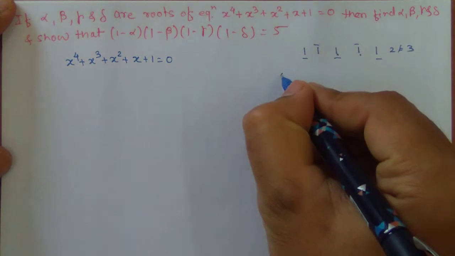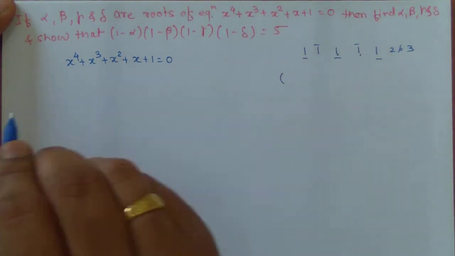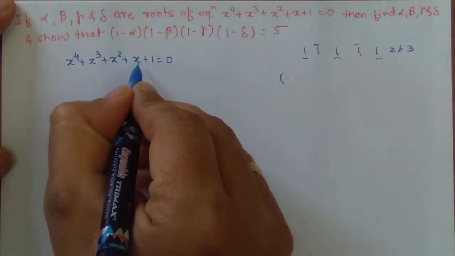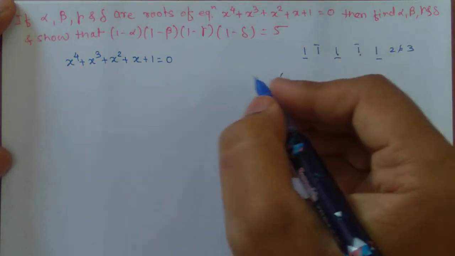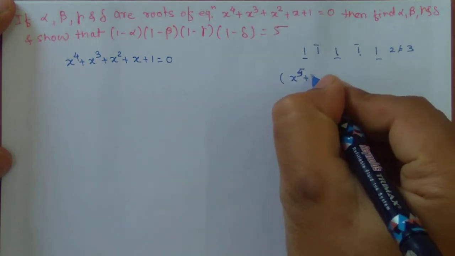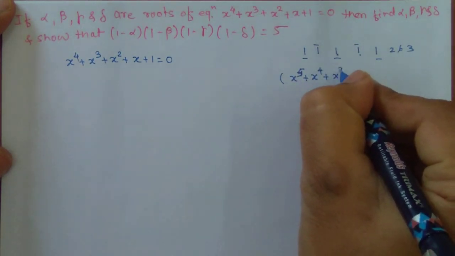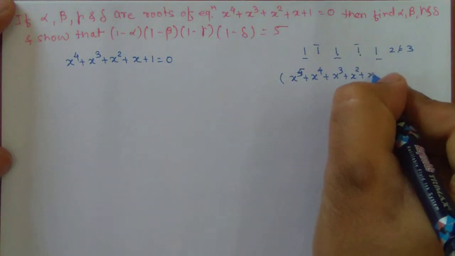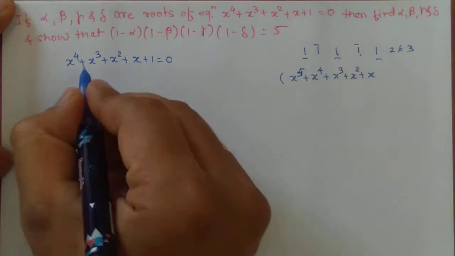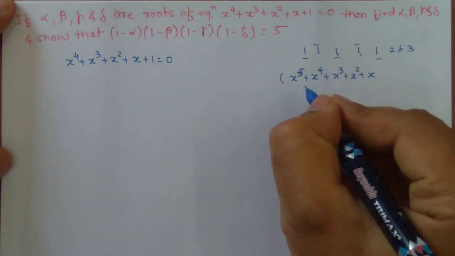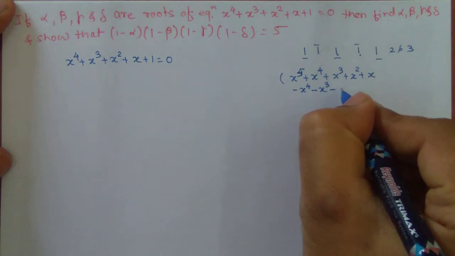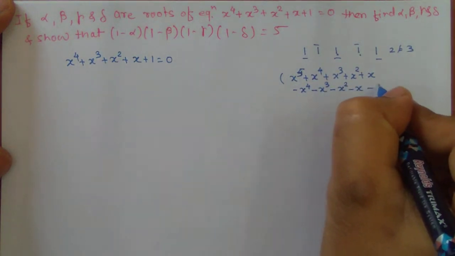See, if I multiply all these terms by x, then I'm getting x raised to 5 plus x raised to 4 plus x cube plus x square plus x. Okay. Now, if I multiply all these terms by minus 1, then I'm getting minus x raised to 4 minus x cube minus x square minus x minus 1.